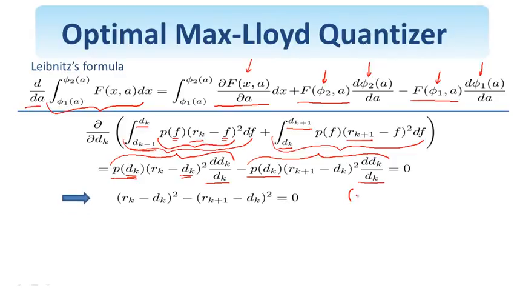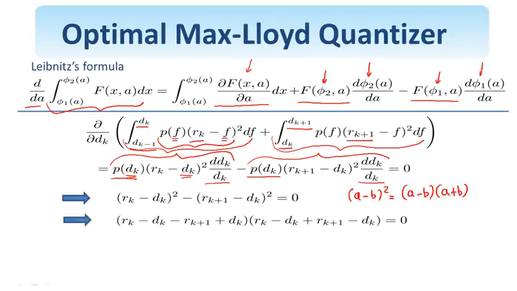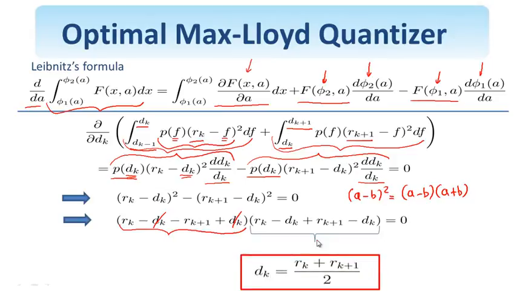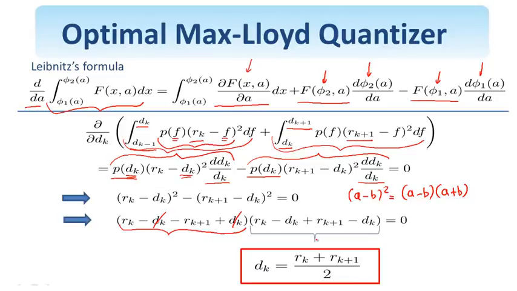If I apply the identity a minus b squared equals a minus b times a plus b, then what I obtain is this expression. d of k is cancelled out, therefore this is a constant, does not depend on d of k, and from the second term I obtain that d of k equals to this, and this is just the midpoint of two neighboring reconstruction levels.